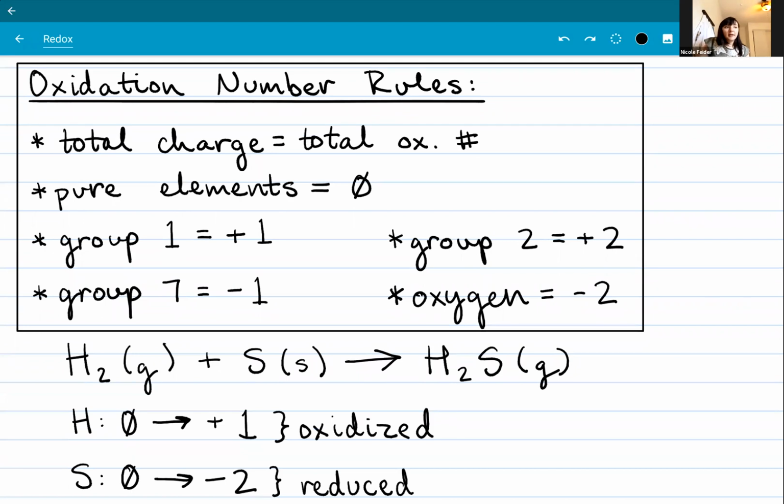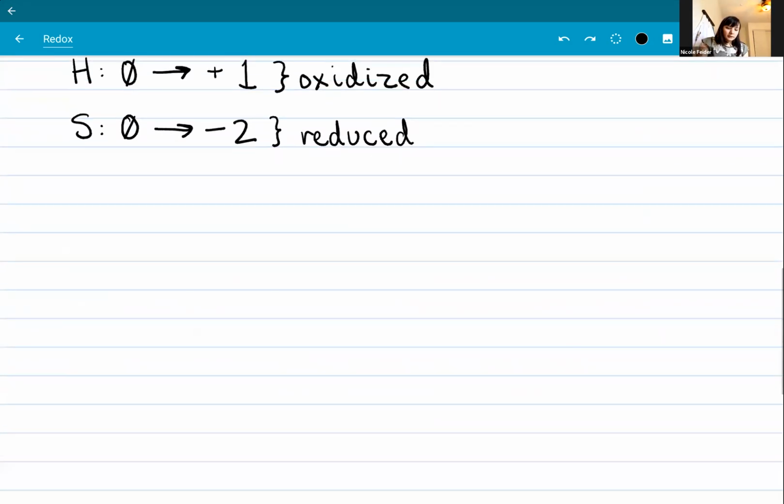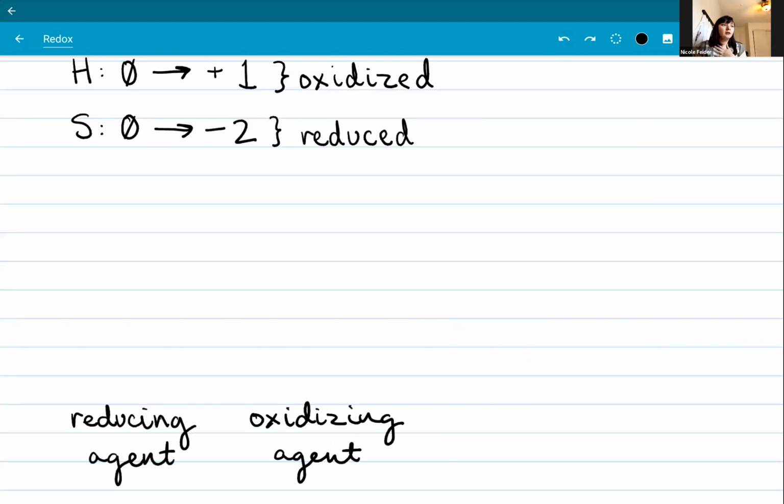Another way that chemicals in redox reactions are often denoted is by reducing agent and oxidizing agent. This is just describing which chemical is doing the reducing, i.e. the reducing agent, to the other chemical, i.e. the oxidizing agent.